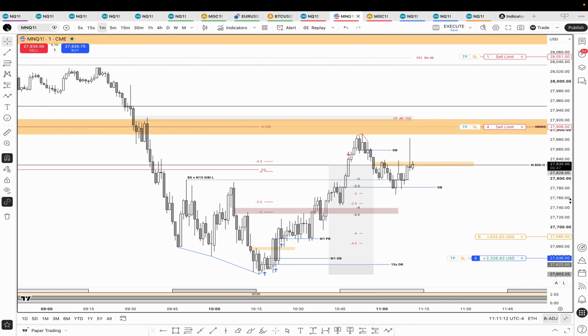So we can see how that imbalance, this one, is simply just being utilized numerous times as resistance. We have 1, 2, 3, 4, 5 times this imbalance has been utilized as resistance. That is also another tell of order flow in terms of we're spending too much time around the imbalance.